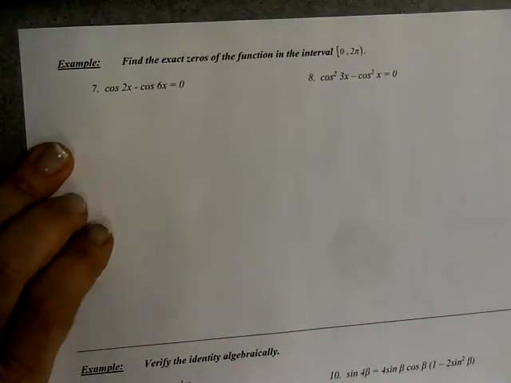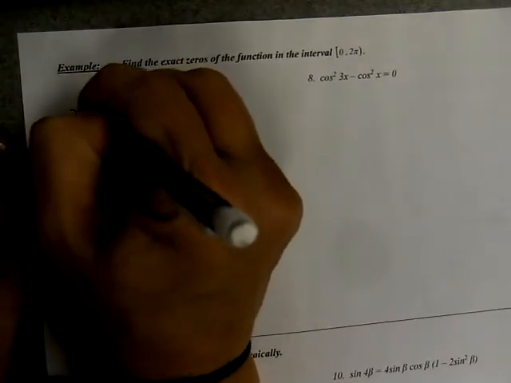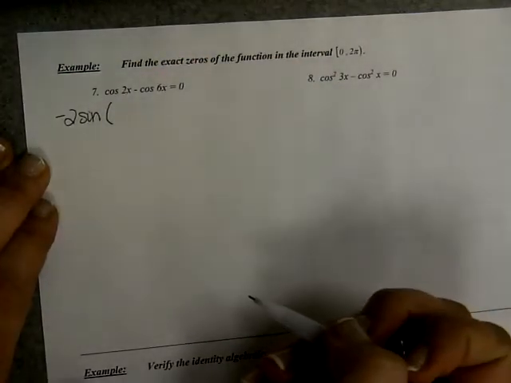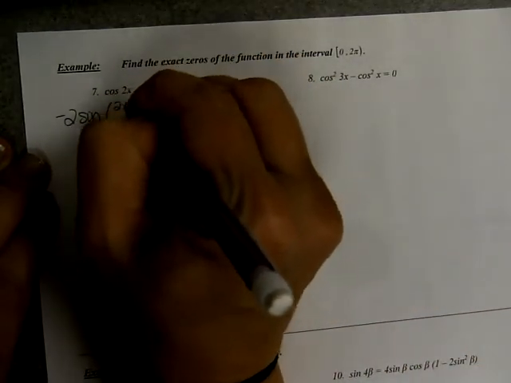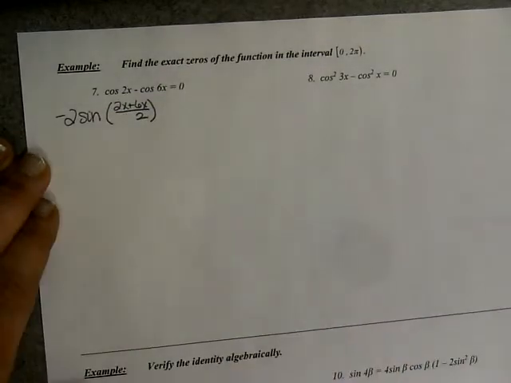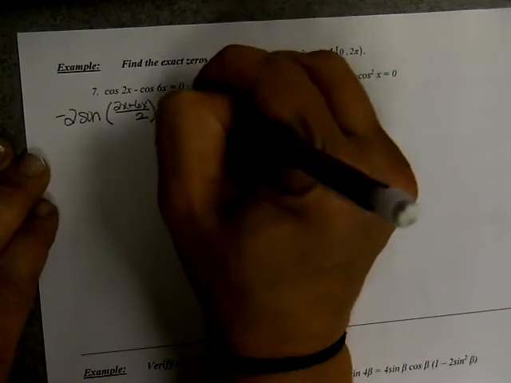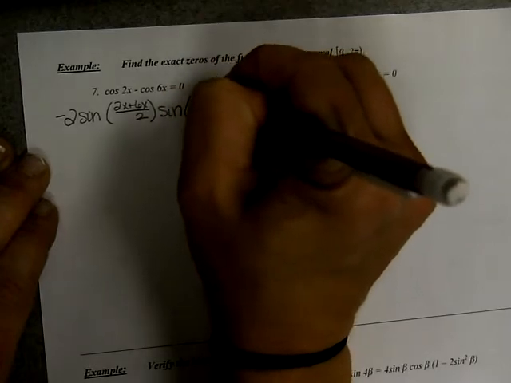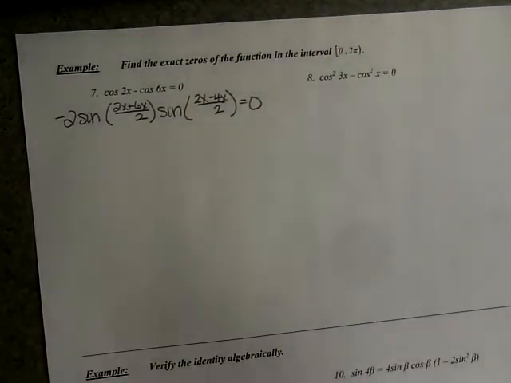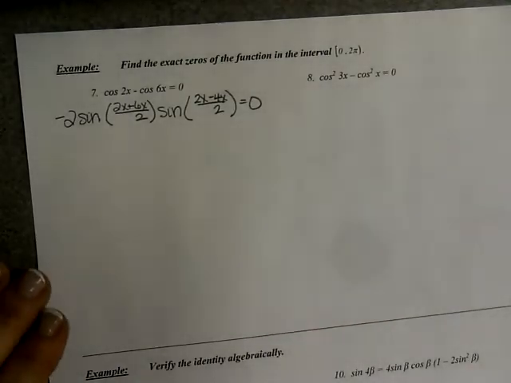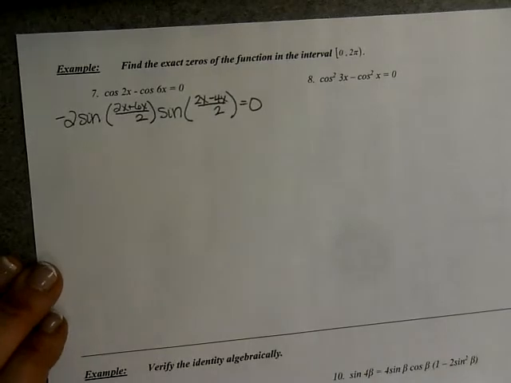We have the cosine of 2x minus the cosine of 6x, so we can use this formula to help us out. That formula tells us that we're going to take negative 2 times the sine of, and then we add those two pieces together and divide by 2, and then we have the sine of the difference over 2. So I've used the sum to product rule.